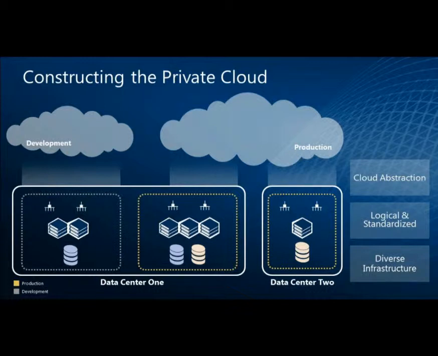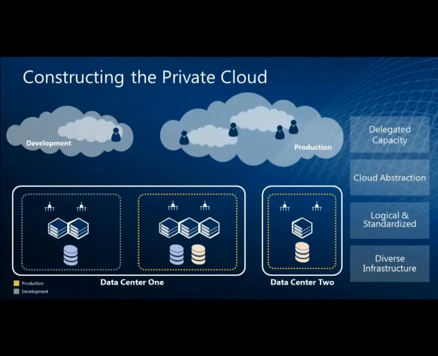After we take this private cloud abstraction, we're going to delegate out aspects of it or pieces of it to the different individual users or groups of users that need to use it. And what this means is that I can give pieces of this infrastructure to those people without having to worry that they're going to steal resources from someone else.